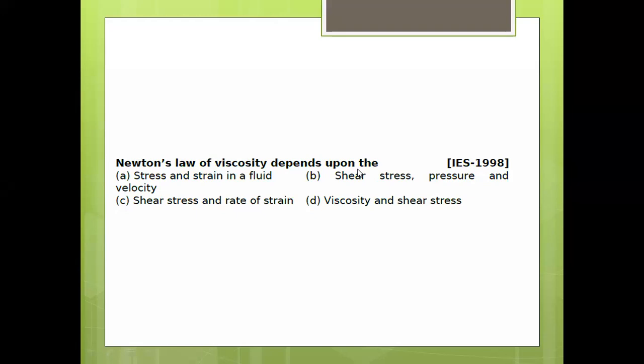Now you have to give the answer for this question. If you understand the concept of viscosity, you should be able to answer it. Which option is the correct one? Option C. Some are saying option C. Any other option?